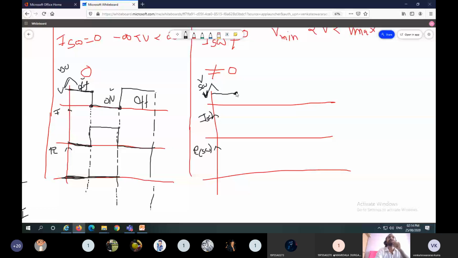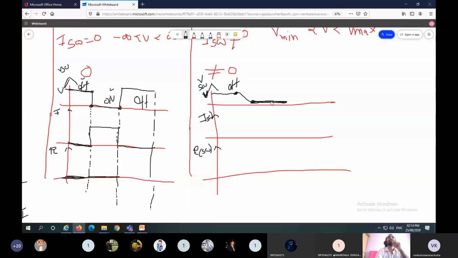During this process, voltage across the switch decreases like this. And voltage does not equal 0 even when the device is turned on because there is some on state voltage across the switch. For a practical device, there is some on state voltage like this. This one is the on state voltage.